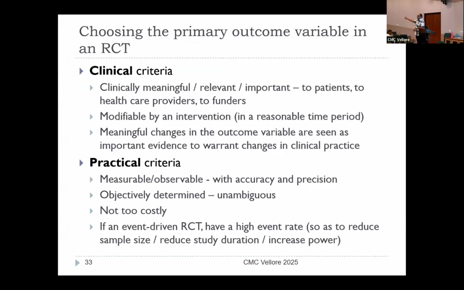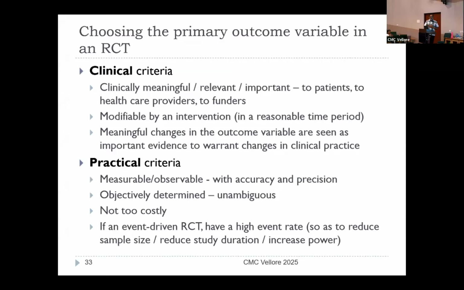So then it's not going to be something that I will be able to observe, and I'm not going to choose that as my outcome. So it has to be one that I can observe and it's modifiable by the intervention. And as I said before, that it will warrant change in clinical practice. Therefore, that it has an impact, okay?